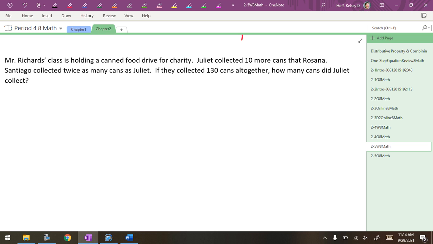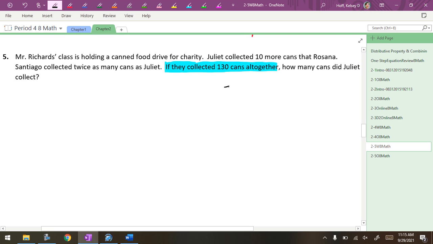Here we go. Here's the sentence I want to talk about most specifically. If they collected 130 cans altogether, that little phrase gives me that shorthand equation with words. What is the first thing I should write down if I tell you they collected 130 cans altogether? Equals 130. Aspen, what do you want to put on the other side? Juliet's cans plus Rosanna's cans equals.